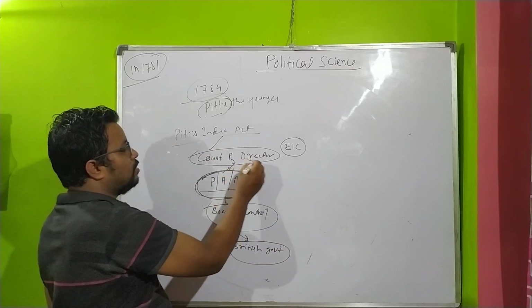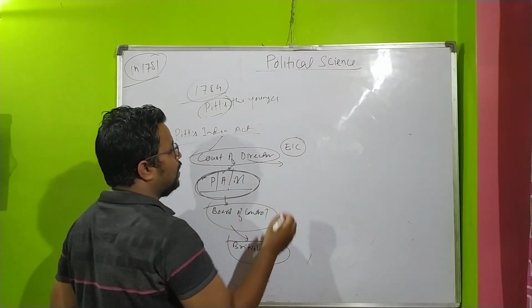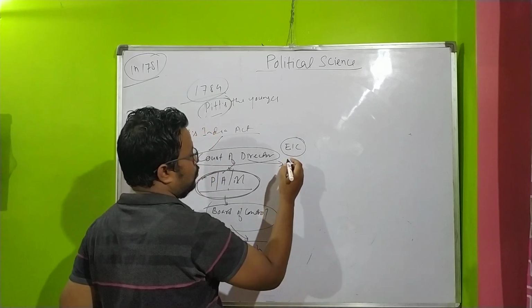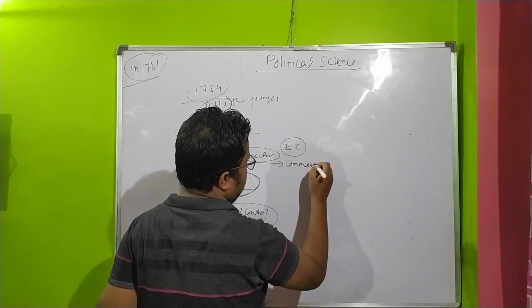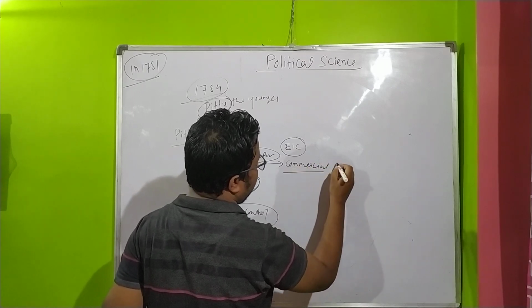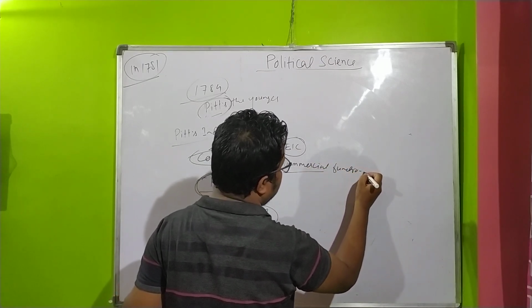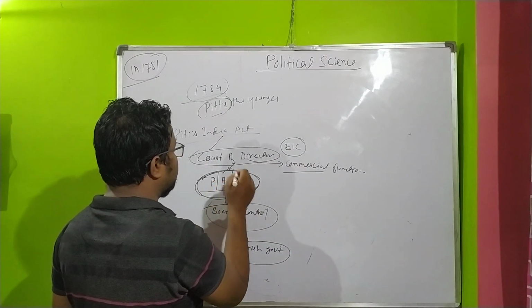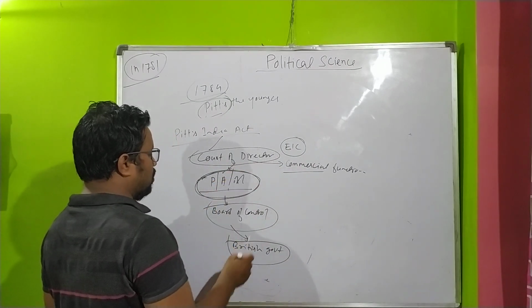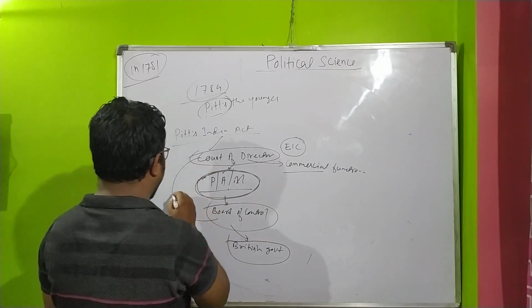Now the Court of Directors will be limited to only commercial matters, while the Board of Control will do political, administrative and military functions. Thus a dual government was formed.